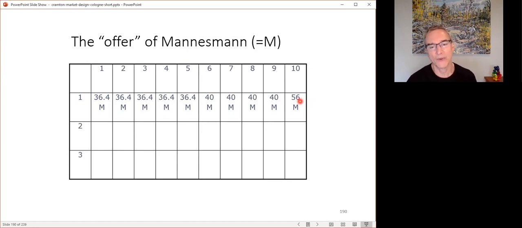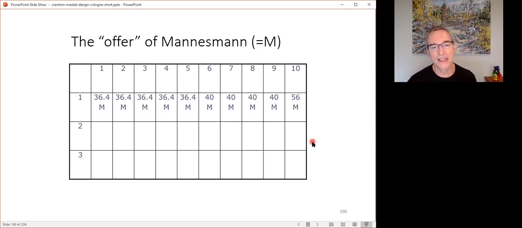I don't know how many they bid for, but this is what we see, because this is just slightly a penny over the minimum, and then they bid the 10% more on these 5. But this is a very clear signal that Mannesmann should win these 5, and telecom should win these 5.